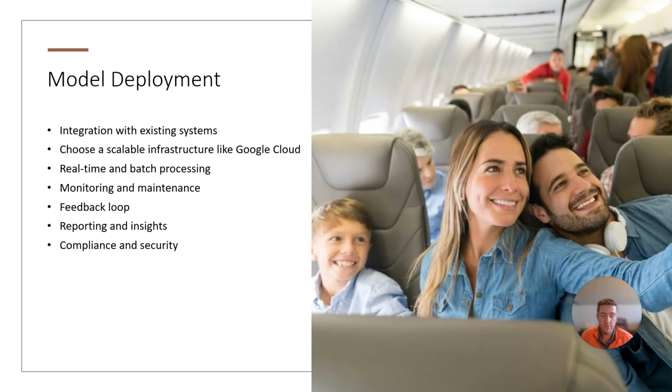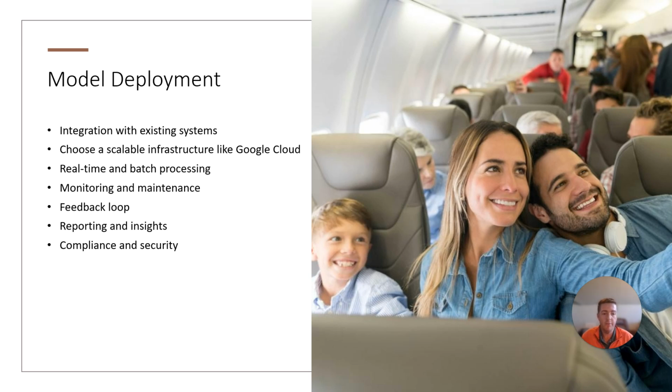Step 7 and the final step of our process is the model deployment strategy. Deploying the decision tree model predicting airline passenger satisfaction involves several key steps. First, integrating with existing systems. Integrating the model with CRM, customer relationship management, or booking systems for real-time and batch processing. Deployment infrastructure.